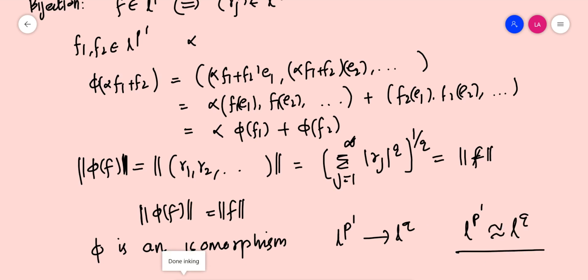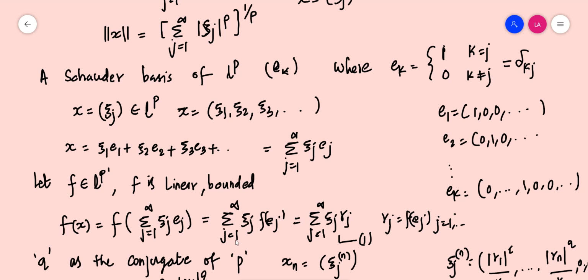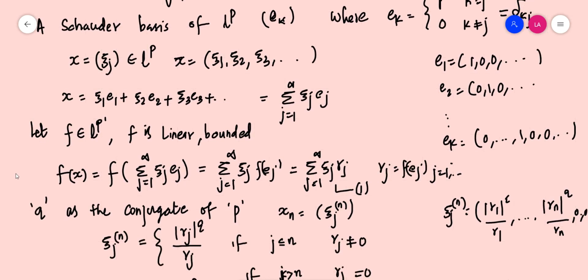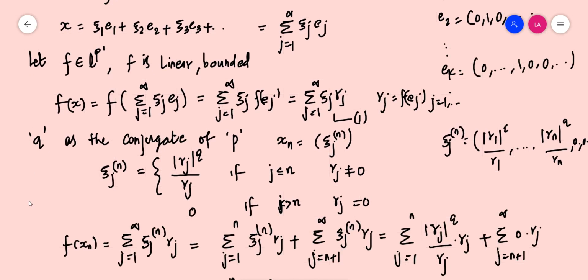For that, let's just recall the steps. First, we defined a Schauder basis in LP as in the case of L infinity and wrote every element x in LP as the linear combination of the basis elements, and took an arbitrary f in LP dash and found the value of f of x, which is actually a summation expression.